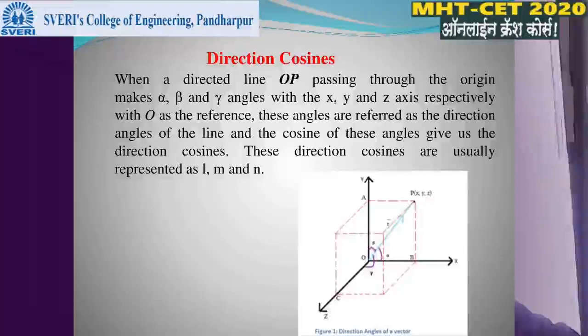These direction cosines are usually represented as l, m and n.